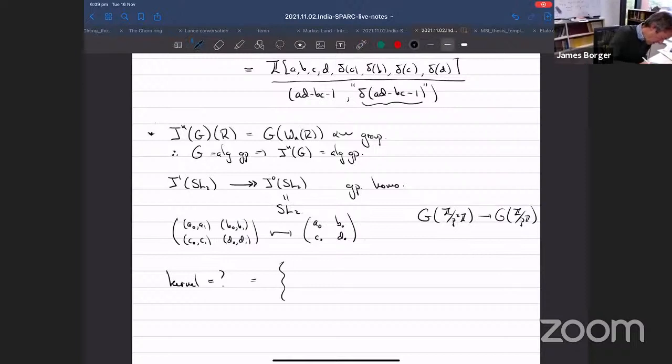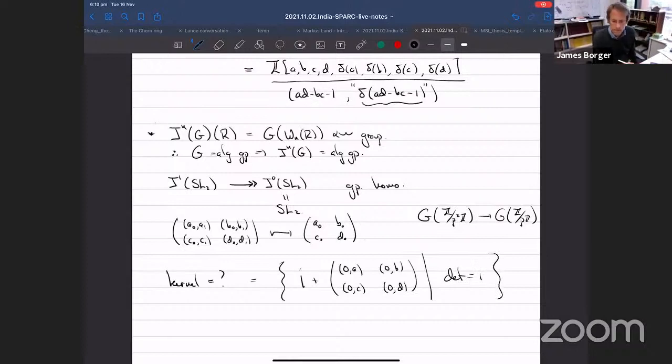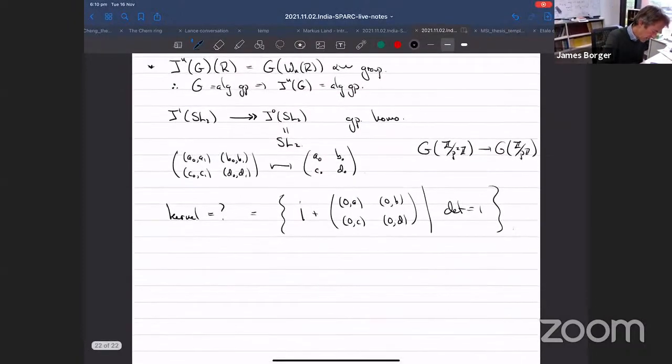It's just the identity matrix 1 plus the set of matrices like this, such that determinant is 1. So this is now a subvariety. Now we have four variables A, B, C, D, and so this will be a subvariety of affine four-dimensional space defined by one equation.